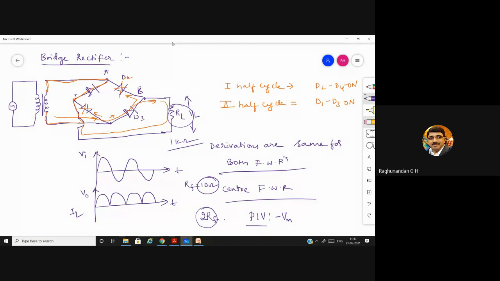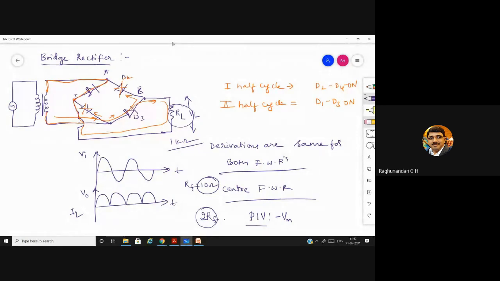Because here during each half cycle, two diodes are going to conduct, so the reverse voltage offered by the diodes will be shared among the two diodes.